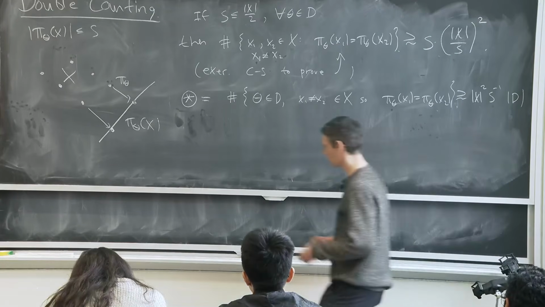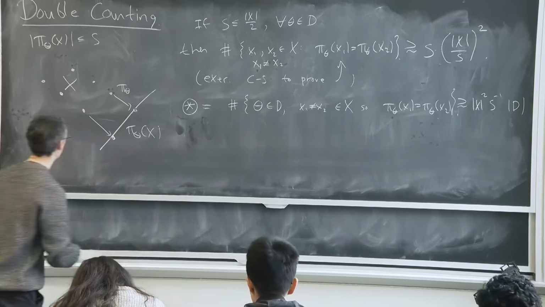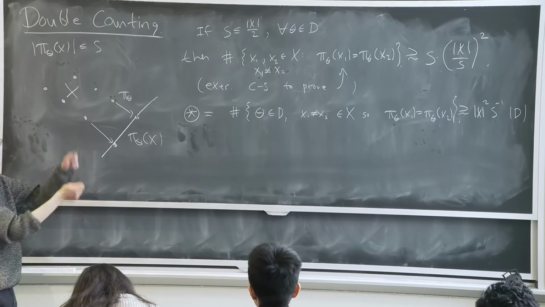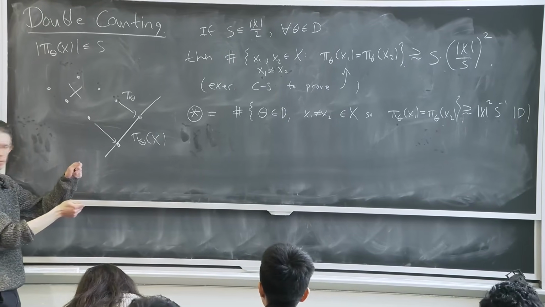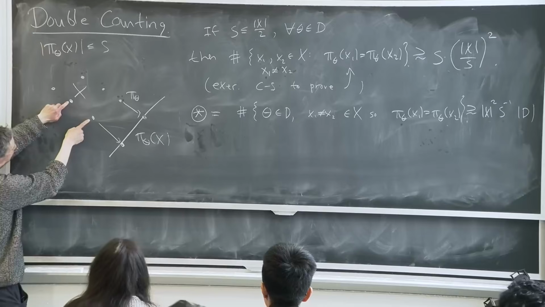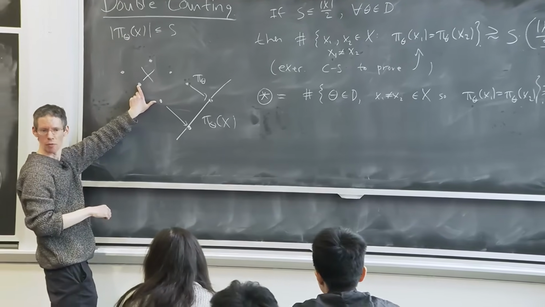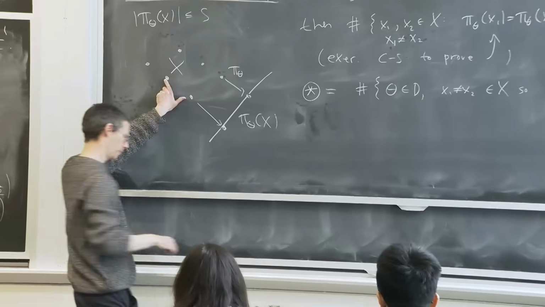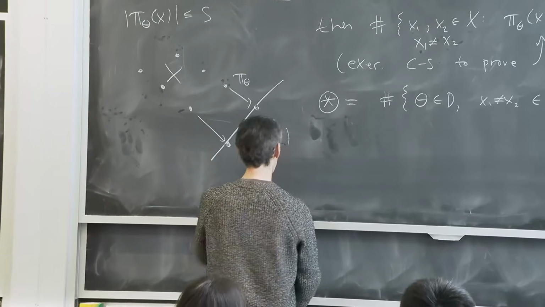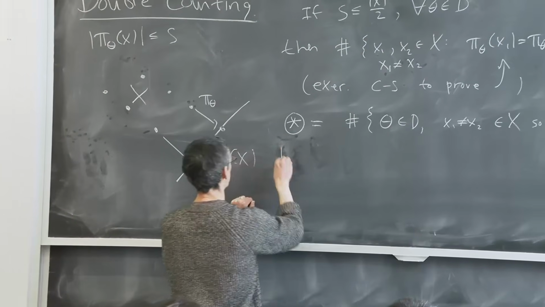OK. So now the point is that it's hard to have this many collapses, because if you take any 2 points in x, there is only one direction in which they get mapped on top of each other. So that gives us an upper bound on this star.